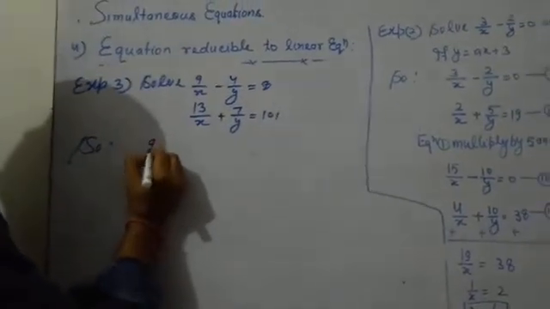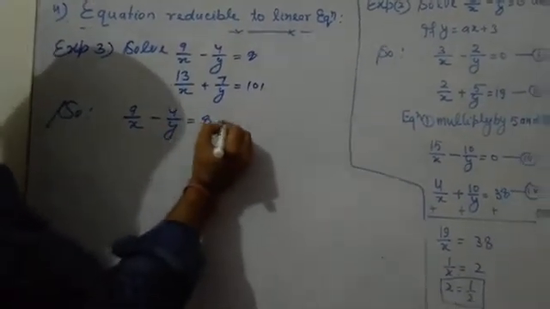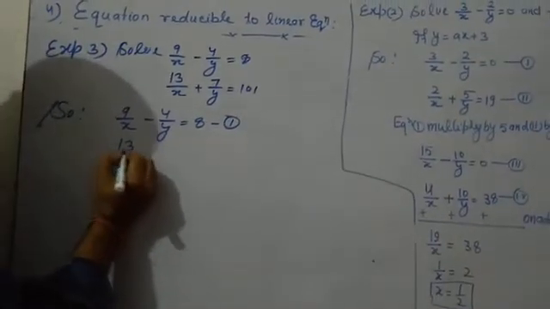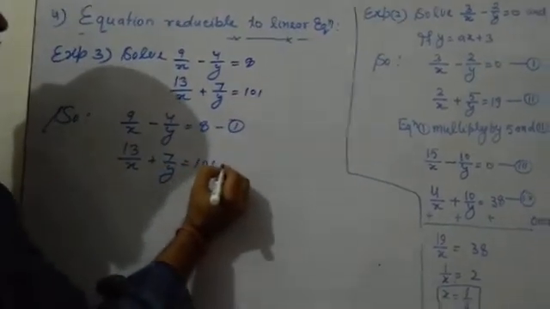Solution: 9 by x minus 4 by y equal to 8, equation 1. 13 by x plus 7 by y equal to 101, equation 2.